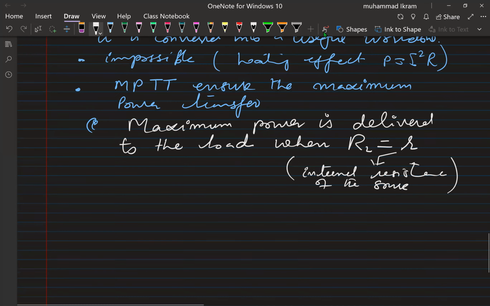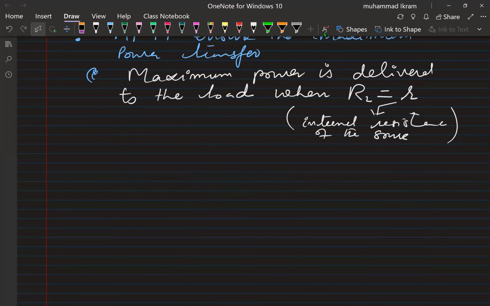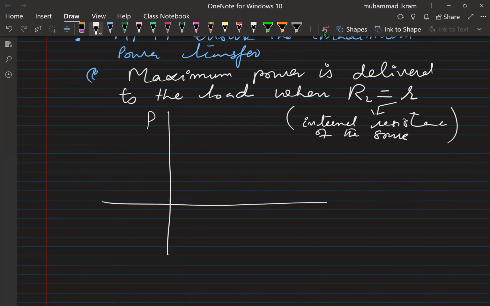And this graph would look like this, if you plot the power against the load, then the graph obtained looks like this.